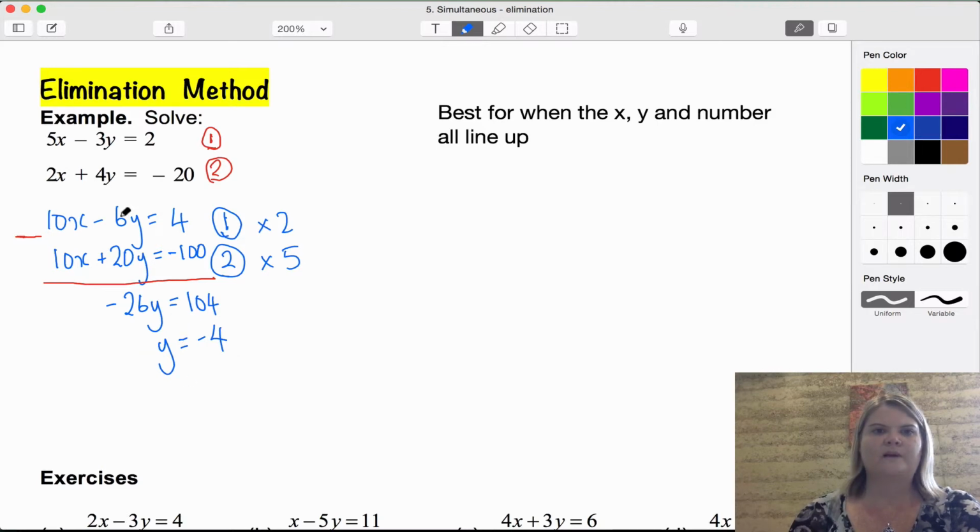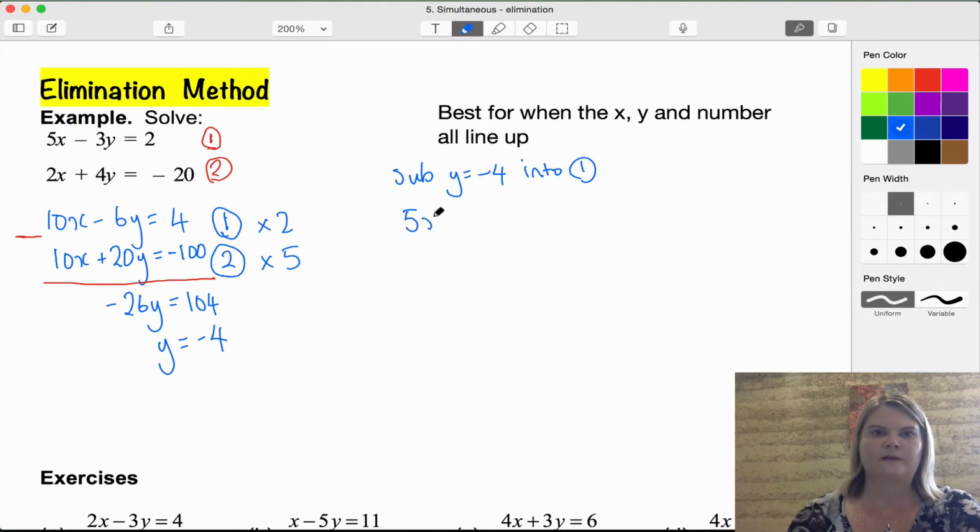Once you've got one value, you could substitute it into 1 or 2 to find the other value. I'm going to choose equation 1. Sub y equals negative 4. Make sure you signpost exactly what you're planning on doing, so another mathematician can read what your plans are.